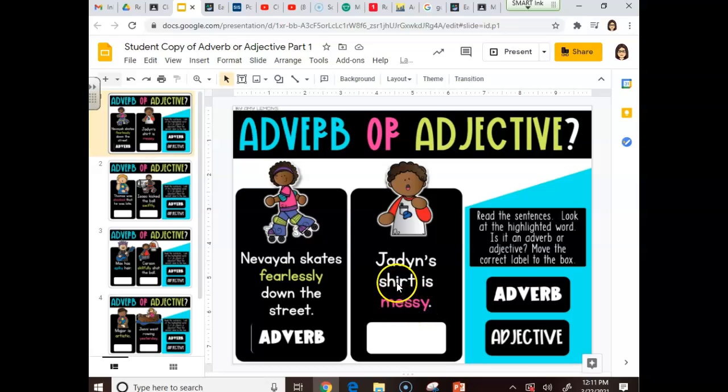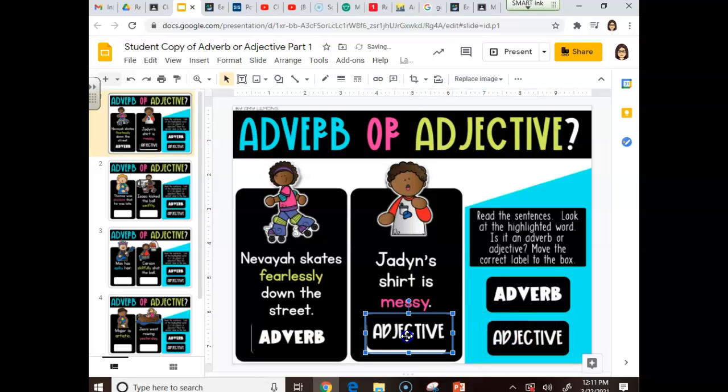Yes, so does messy describe the shirt? Yes, it does. So we can put adjective here. You notice they make more than one just in case they happen to both be adverbs or both be adjectives. Okay, we had one of each.